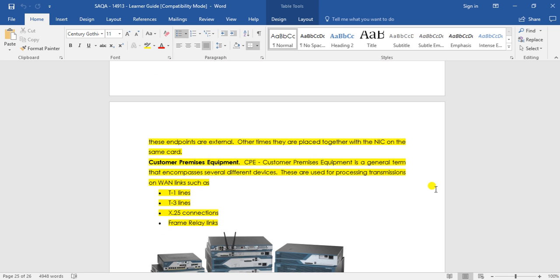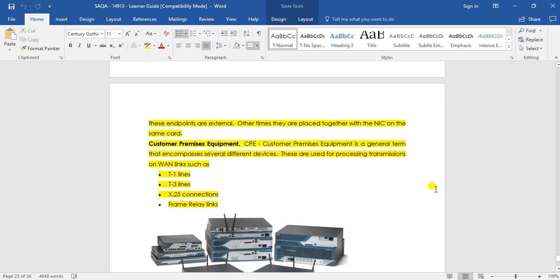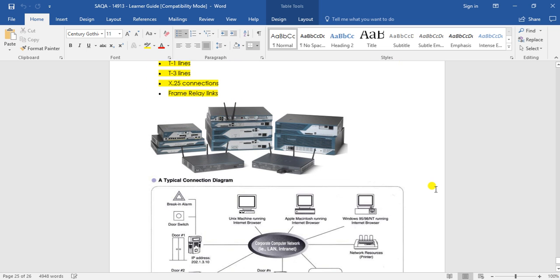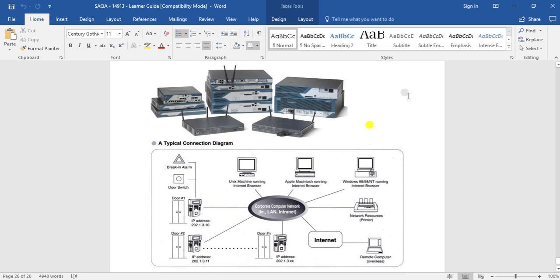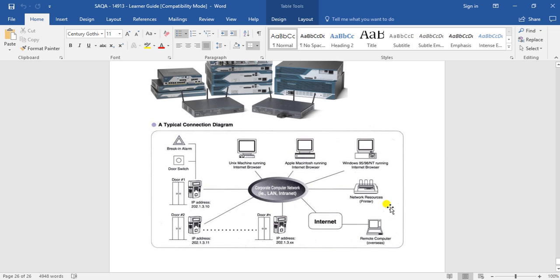Customer premises equipment is a general term that encompasses several different devices. These are used for processing transmissions on WAN lines such as T1 lines, T3 lines, X.25 connections, and frame relays. This is just an illustration of the internet and the IP addresses, the machines, and so forth.